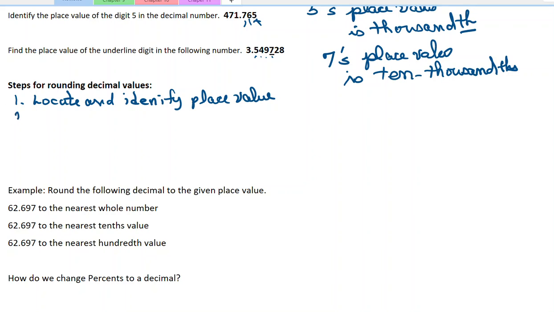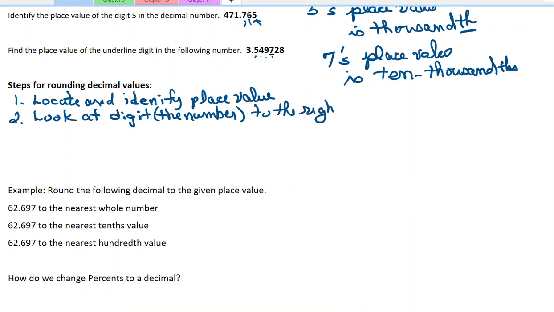So the next step, look at the digit, that means the number, to the right of the place value digit. Then there are some conditions.